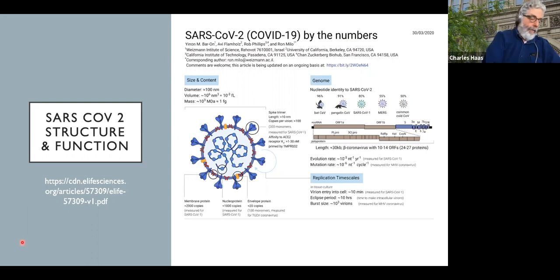On the upper right, you see a comparison of the nucleic acid in SARS coronavirus 2 to the previous coronaviruses. A 96% similarity to coronaviruses that have been isolated from bats, a 91% similarity to coronaviruses that have been isolated from the animal pangolin, 80% similarity to SARS-CoV-1, and lesser similarities to the other coronaviruses.